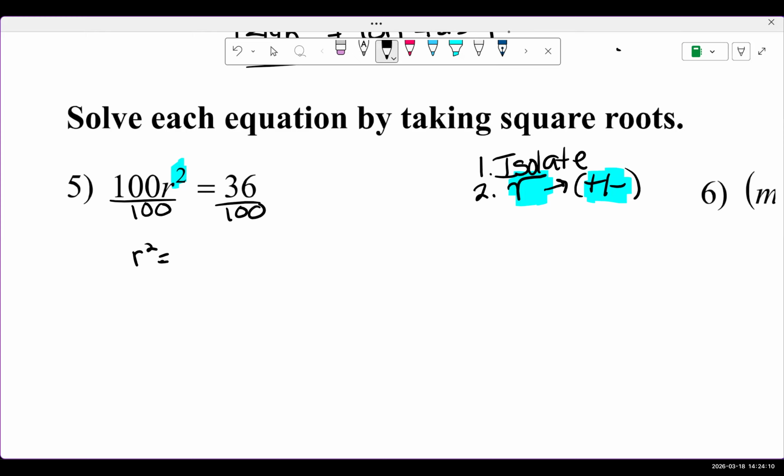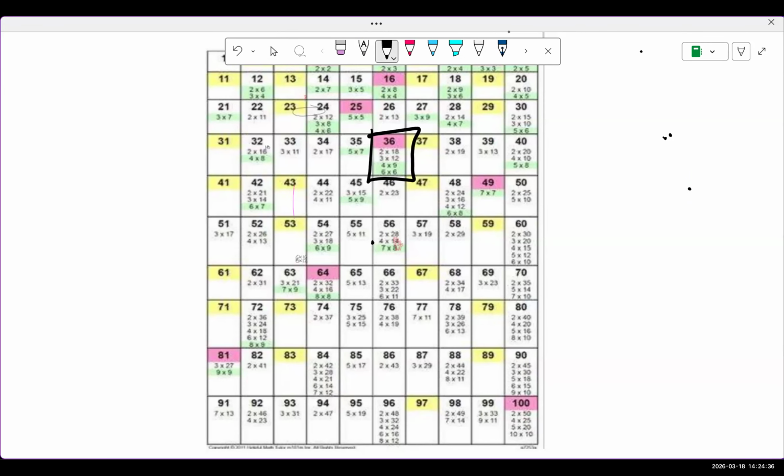Now, I can reduce this fraction. 36 and 100. Let's go to the chart of factors and see what 36 and 100 can both be divided by. Okay, 36 and 100. What is their greatest common factor?